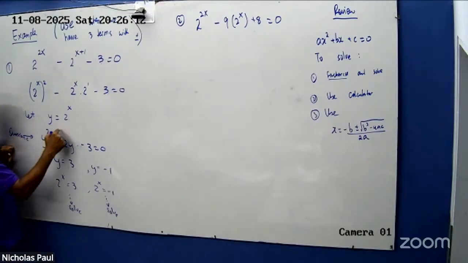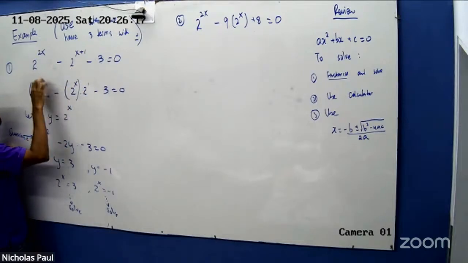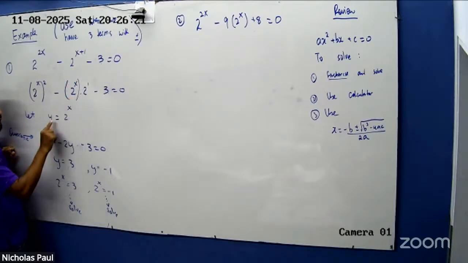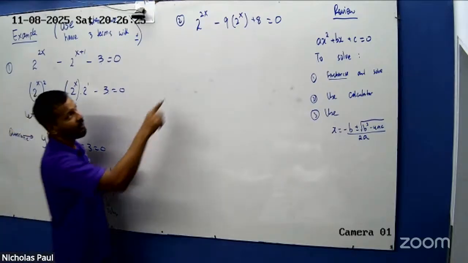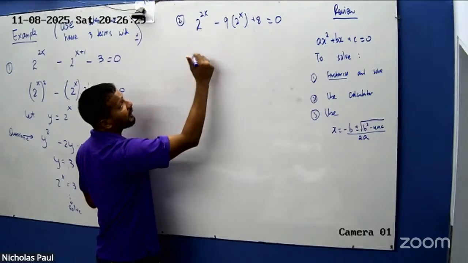The way you figure it out is by looking at whatever is in the bracket in the second term. Normally there are three terms, and the second term gives you a little hint on what to substitute. So here, what will be the substitution?